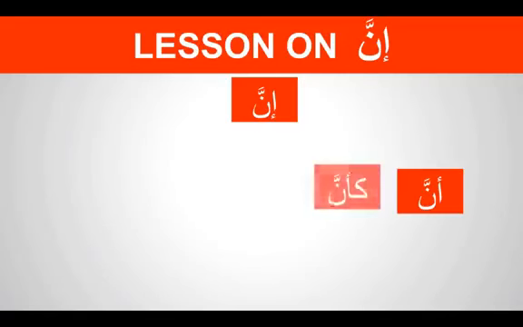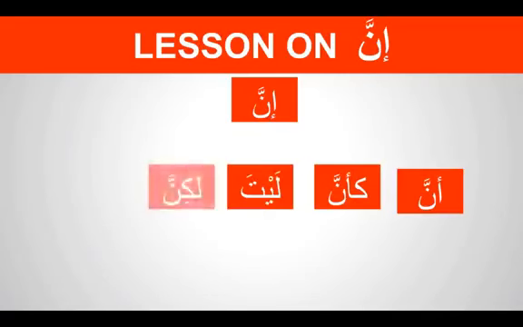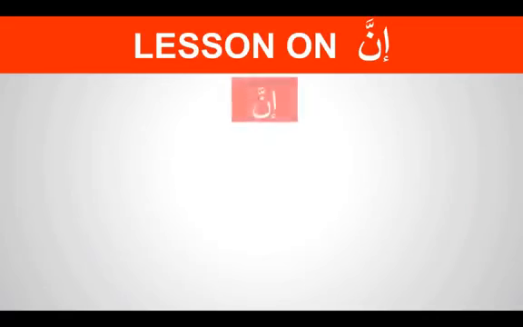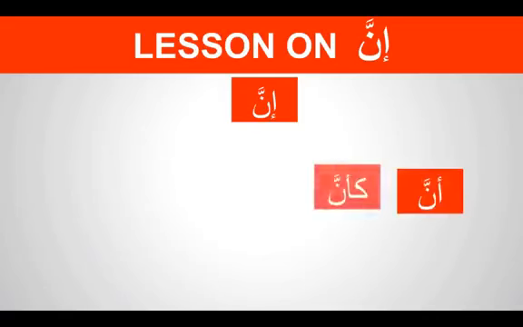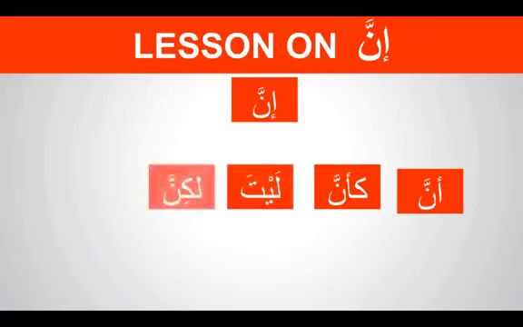So let's practice this again. Inna, anna, ka anna, layta, lakinna, la'alla. Do it again, just do it with me. These are the 6 particles which will make a noun mansub.